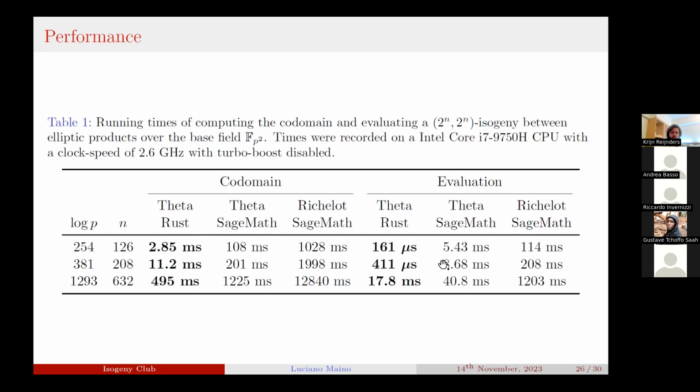Also for the evaluation, we can see that the theta implementation performs really well compared to the implementation using Richelot isogenies. This is really promising, and it means that there might be a future for 2-isogenies in isogeny-based cryptography, for practical use of these isogenies.